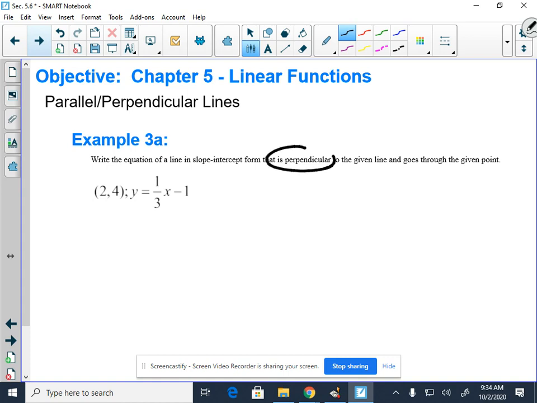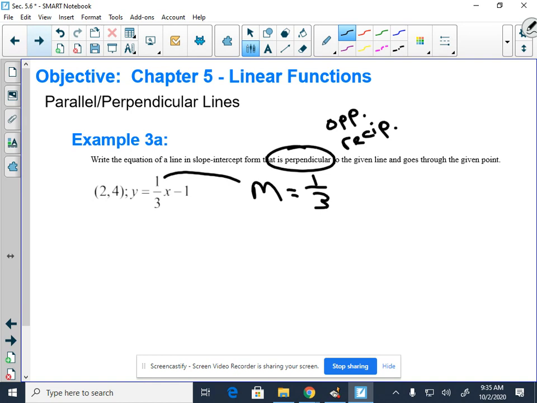So now perpendicular, they're not going to be the same slope. So we have to go opposite reciprocals. So we're going to flip these. So here, first of all, the slope is 1/3. But this time it wants the lines not to be the same.